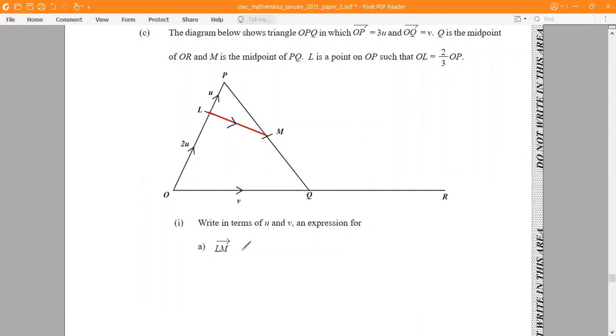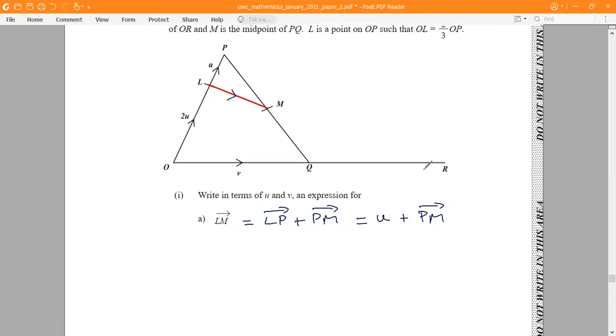So LM is equal to LP plus PM. We can go from L to P and then from P to M. We know that LP is equal to U, and we don't know PM, so we want to find out PM. PM happens to be 1/2 of PQ, since M is the midpoint of PQ.